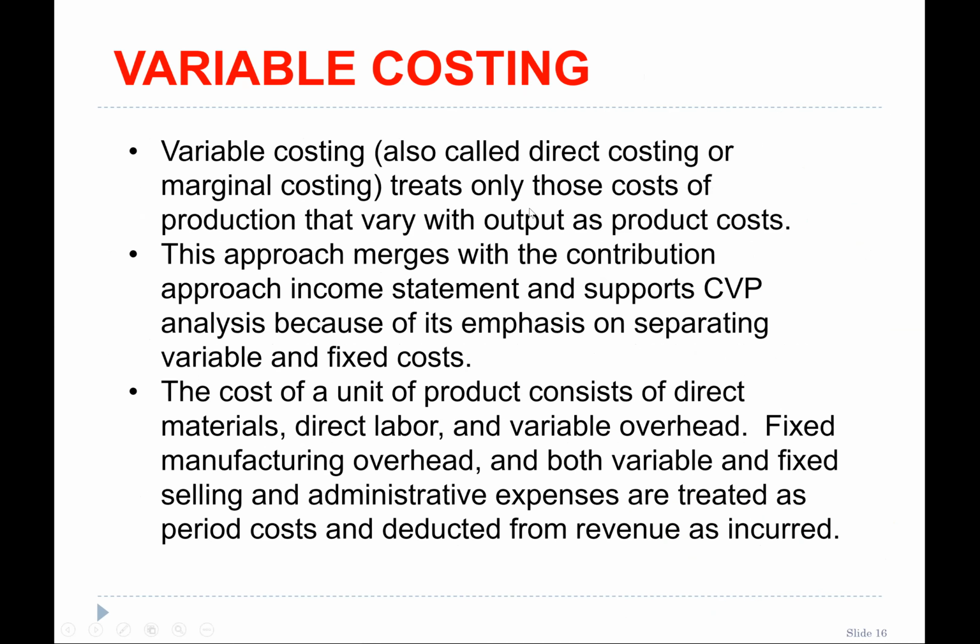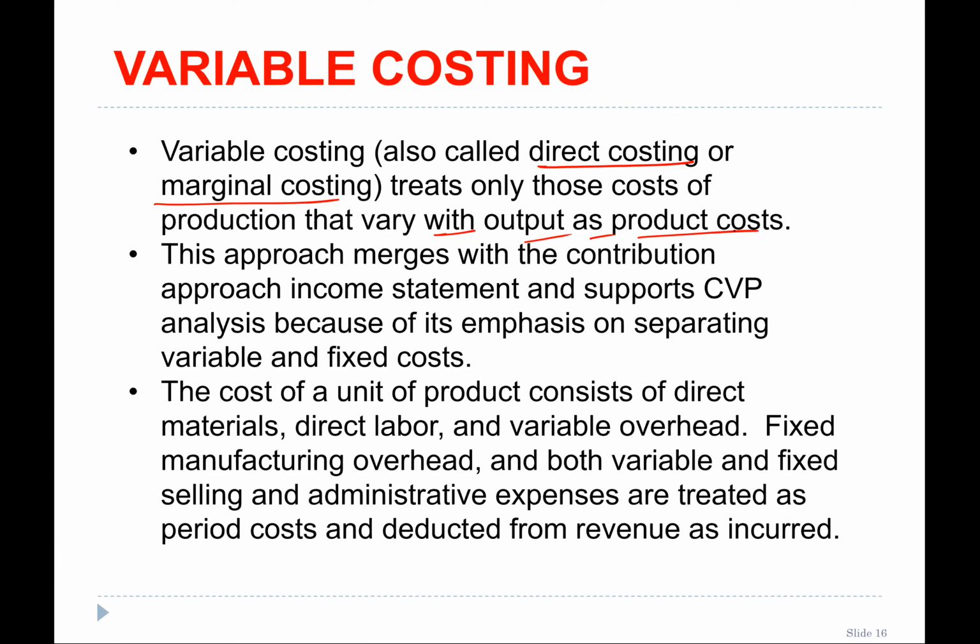Okay, now let's talk about variable costing. Variable costing, we also call direct costing or marginal costing. It treats only those costs of production that vary with output as product cost. Which means if we produce more, cost will be higher. If you produce less, cost will be less. So you get the idea.